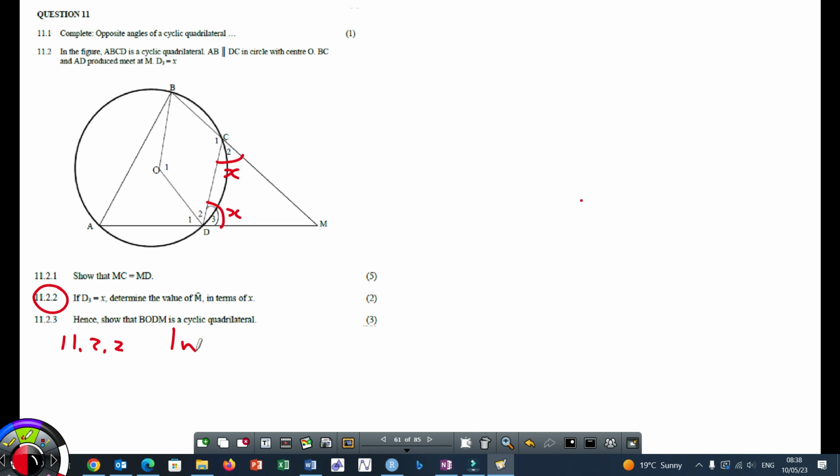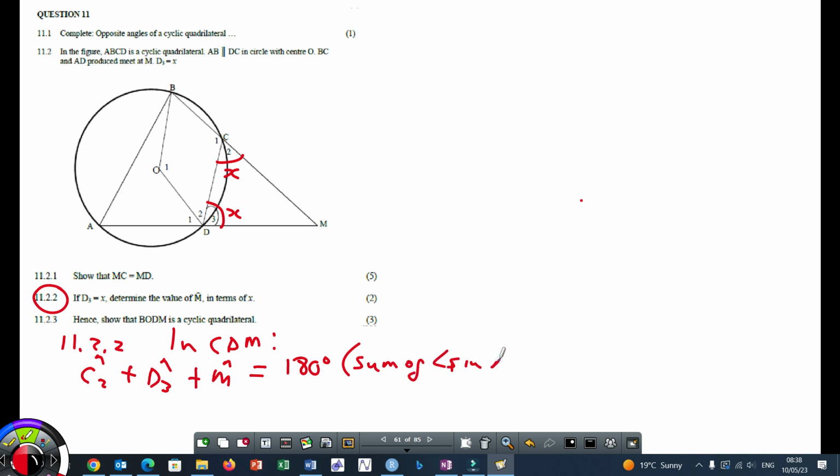So in triangle CDM, angle C2 plus D3 plus angle M is equal to 180 degrees. And your reason there, sum of angles in a triangle. But we already know that C2 and D3, they are both equal to x. So I can write here x plus x plus M, that's equal to 180 degrees.